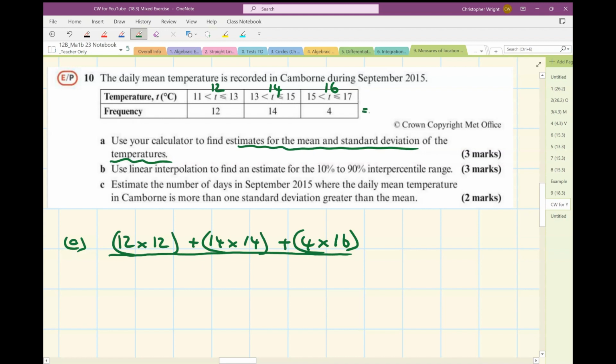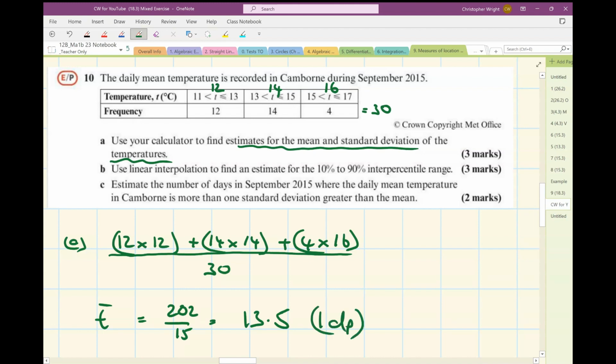Well, the number of days in September is obviously 30 because my frequencies add up to 30. So I'm going to divide by 30, which gives me a mean, a T bar, of, let's have a look, 202 over 15, that's what I get on my calculator, which is 13.5 degrees to 1 decimal place.